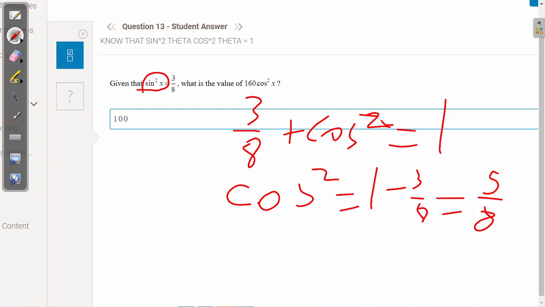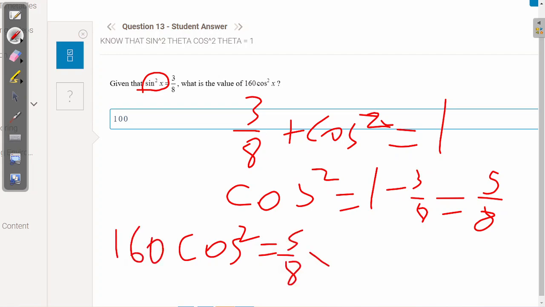So if cosine squared is 5 over 8, then 160 times that, the 8 cancels, it becomes 5 times 20, which is 100.